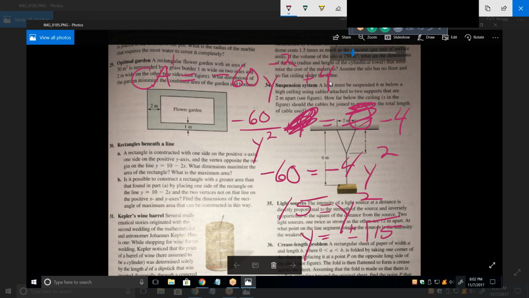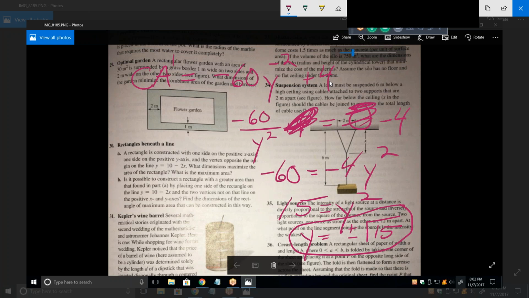And there are two answers there, and almost certainly one of them is a minimum and one of them is a maximum. They want the minimum, so we have to figure out which.